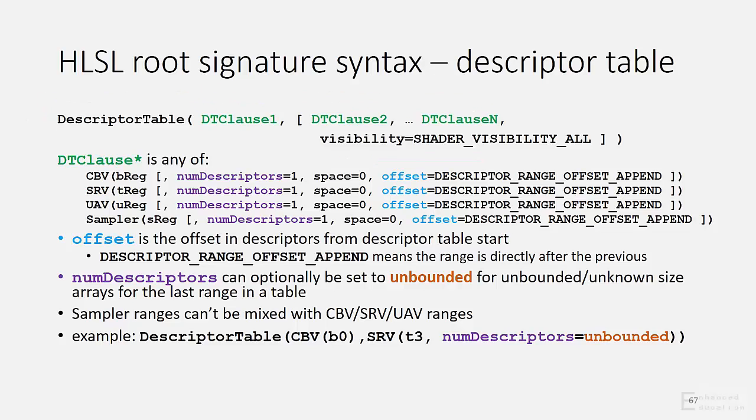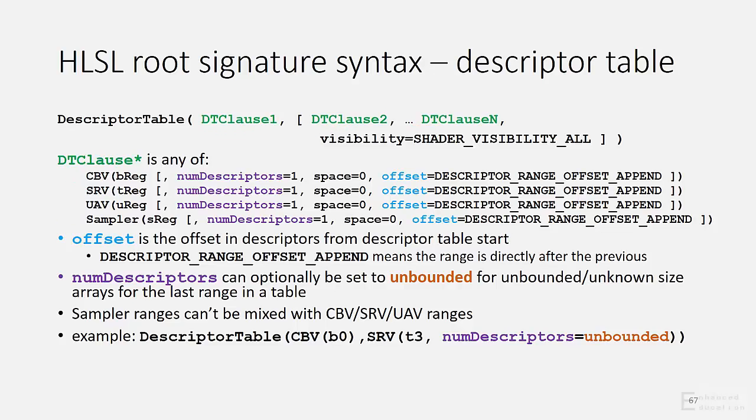Each descriptor table clause defines a range of descriptors that appears in the descriptor table. Note that sampler descriptors can't be mixed in the same descriptor table as CBV, SRV, or UAV descriptors, but CBV, SRV, and UAV descriptors can be intermixed in the same descriptor table through multiple clauses.